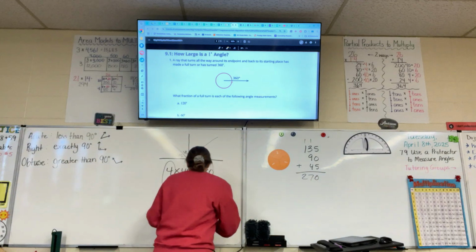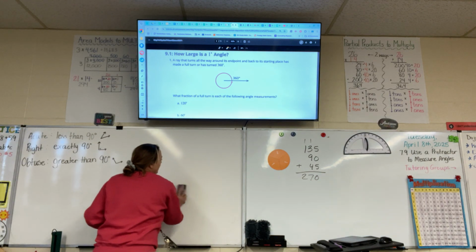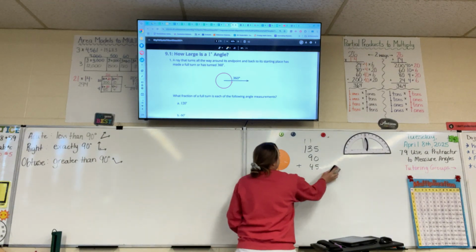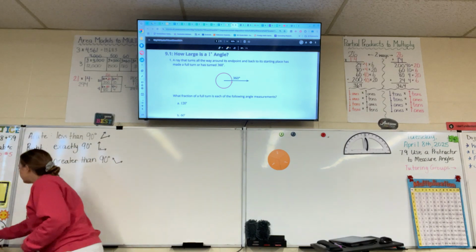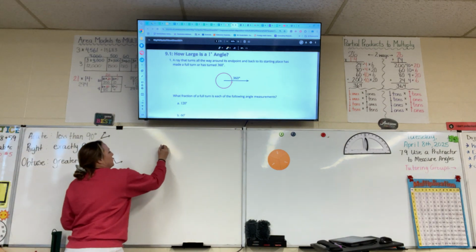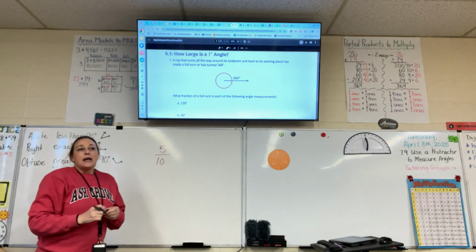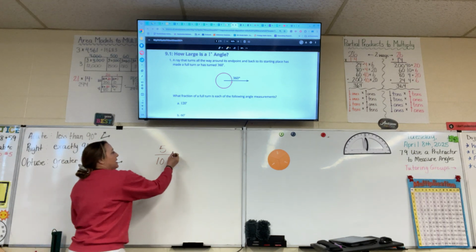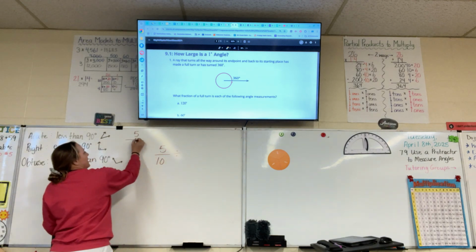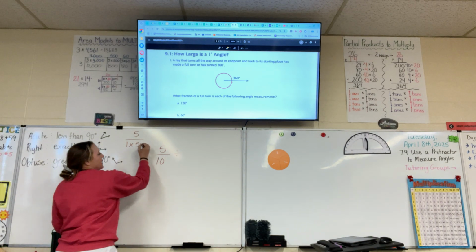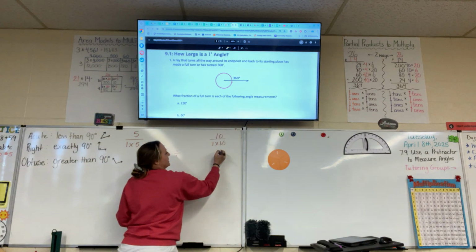So do you remember, it's been a little bit of time, but when we did equivalent fractions, and when we found out, for example, that if you have the fraction 5/10 or 5 out of 10, and you divide by the greatest common factor, so of 5, the factors are 1 times 5, and for 10, the factors are 1 times 10, and then 2 times 5.